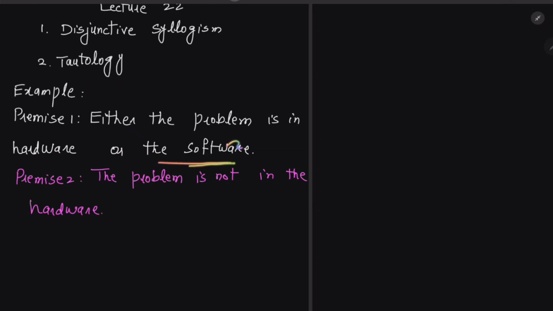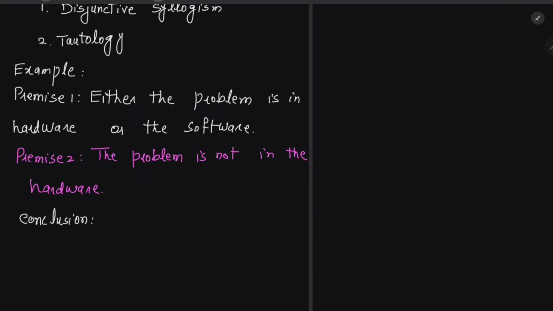Okay, the computer problem maybe it's talking about. So the conclusion that we can draw is, therefore, the problem is in software.